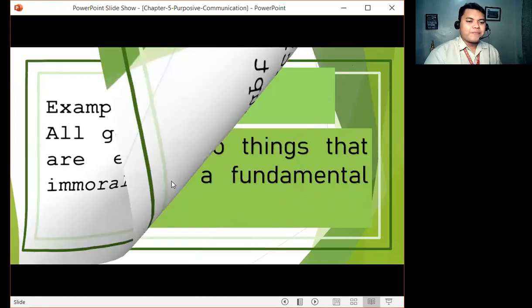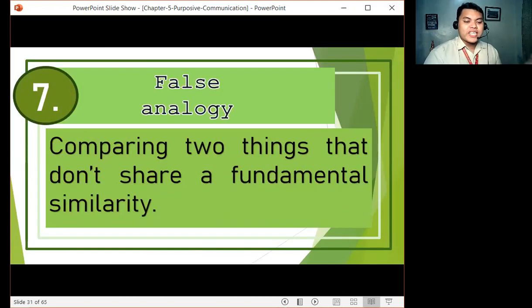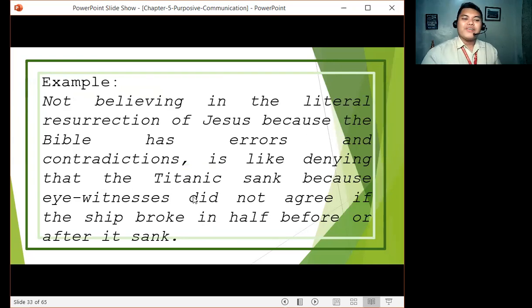So next, we will talk about false analogy. In false analogy, you are trying to compare two things that don't share a fundamental similarity. From the word itself, analogy, you're trying to analyze something that has no connections at all. Example, not believing in the literal resurrection of Jesus because the Bible has errors and contradictions.